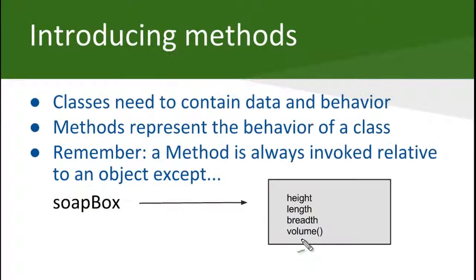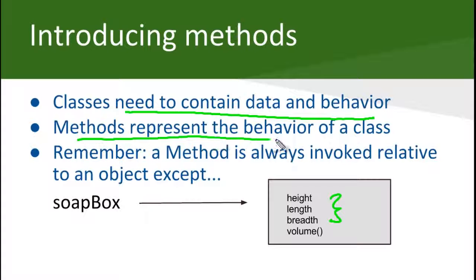Now the important thing to note is that classes need to have both data and behavior. These are the instance variables and that's the data. But the objects of classes also perform behavior, they interact with the outside world.